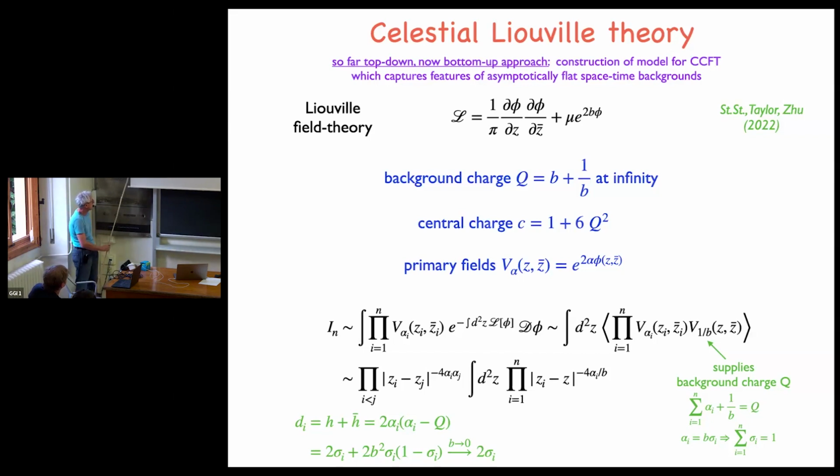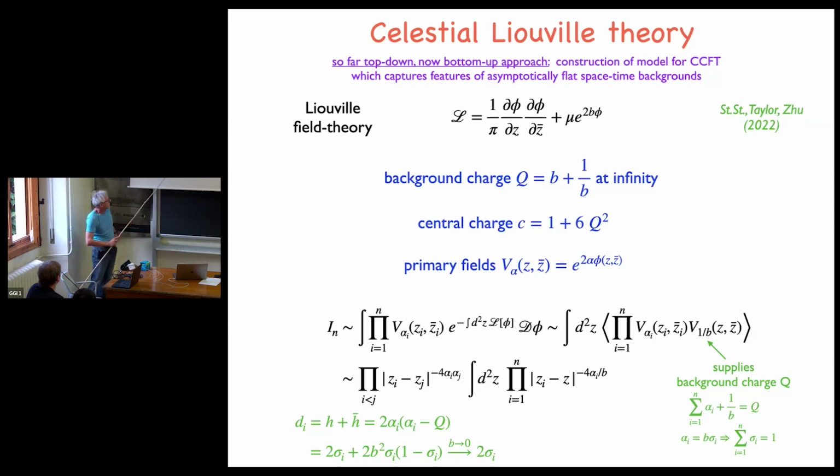And as I said, this is the conformal dimension of this field. This is how it is computed, and we are interested in this b goes to 0 limit, which is the infinite central charge limit. But in that limit, these correlation functions are complicated objects. They were first computed by Dorn and Otto and then further analyzed by Zamolodchikov, Teschner and so on.